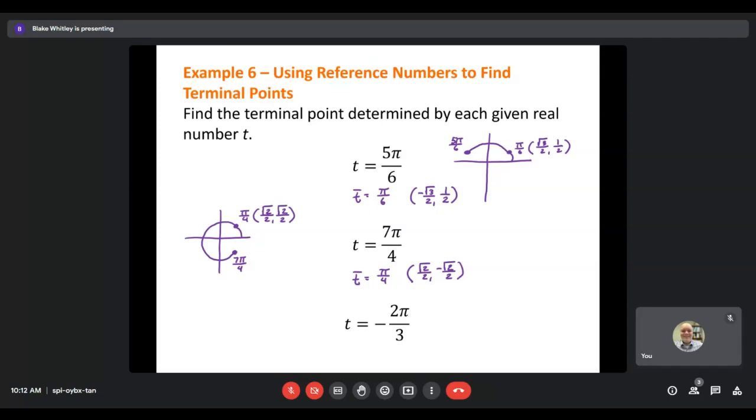All right, and then our last one here, -2 pi/3. Remember, we just said the reference number should be pi/3. Pi/3 is right up here.